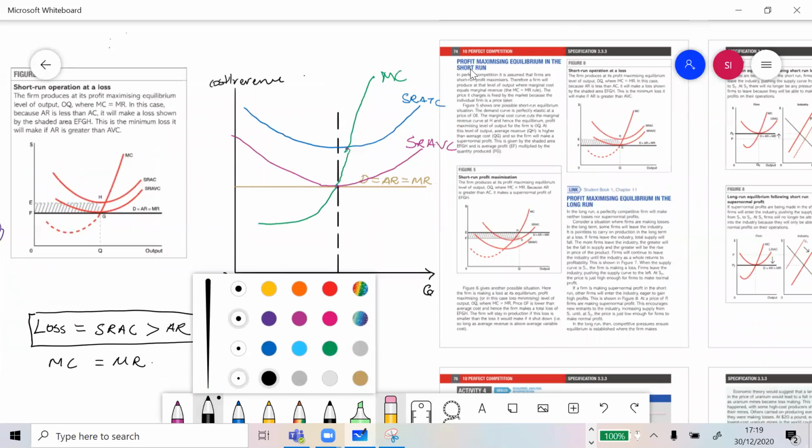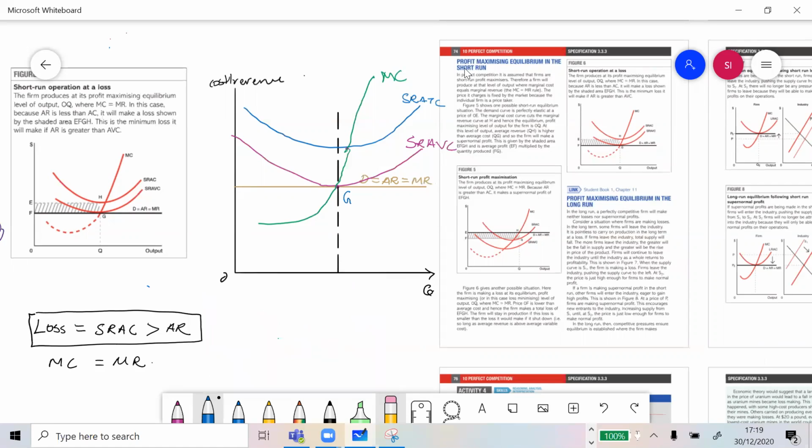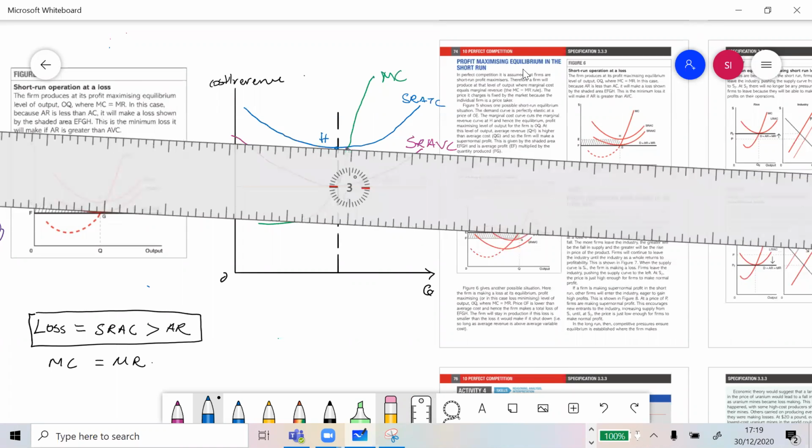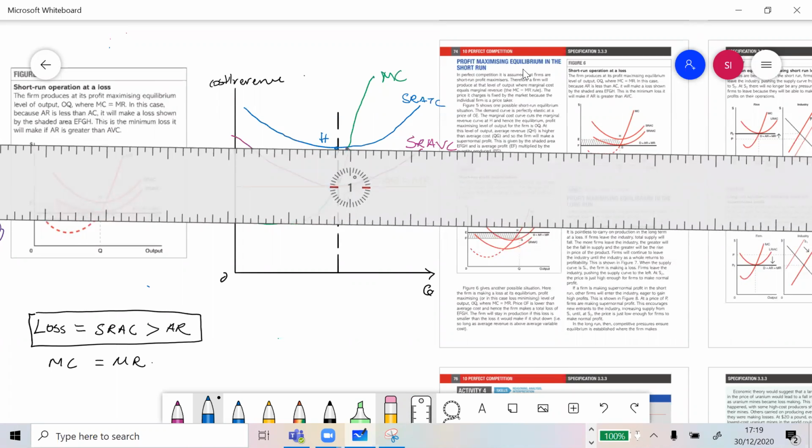So the first point that I'm going to mark is the letter G. This is where my marginal cost is equal to average revenue or marginal revenue. And then I'm going to mark another point where my dotted line touches the short run average cost curve, this point as H. Now I'm going to extend this line from H towards this axis.